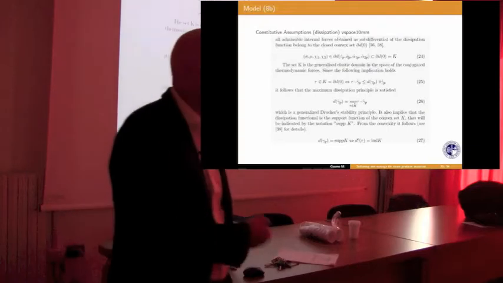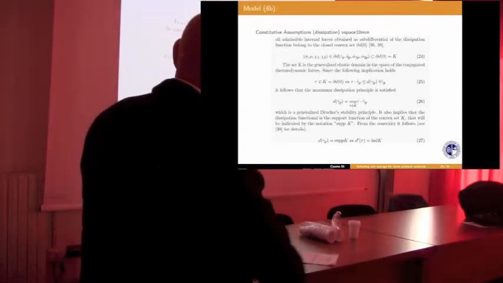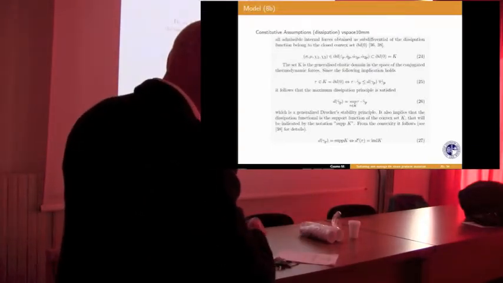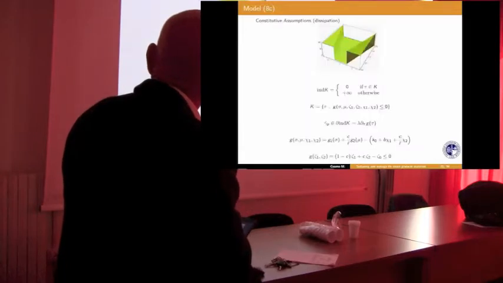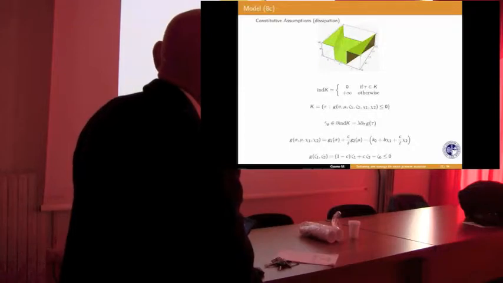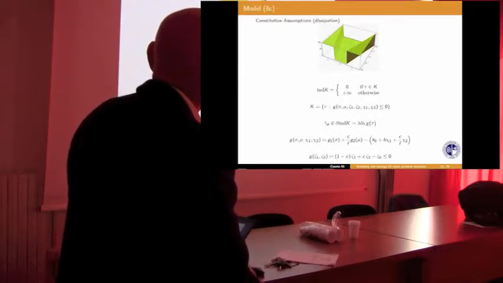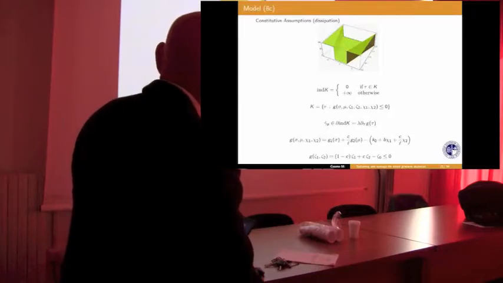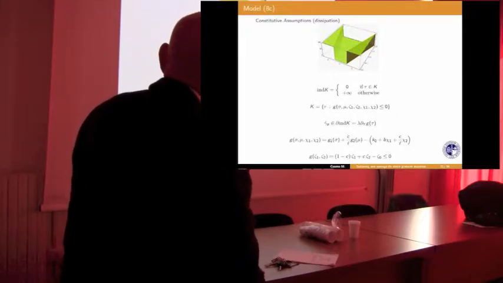Of course, the second principle of thermodynamics was fulfilled since the beginning, and the flow rules are given with the classical Kuhn-Tucker conditions, like a gradient of some function that defines the set of admissible stresses.